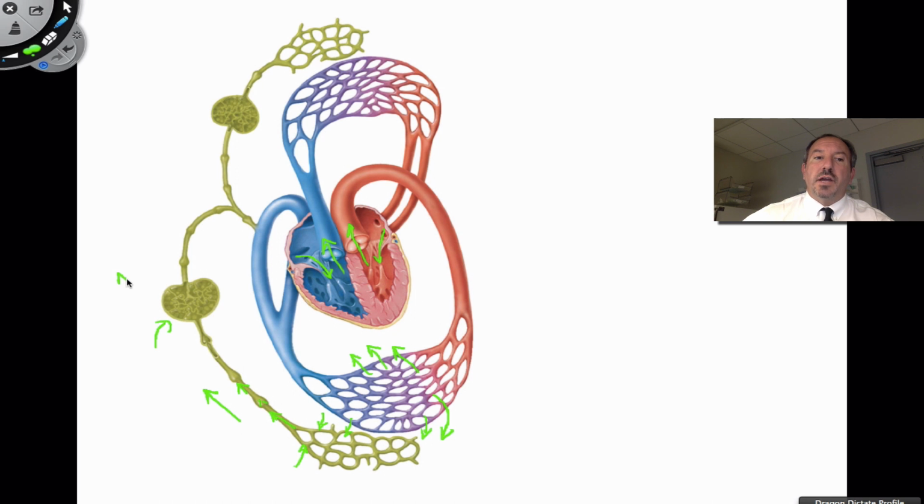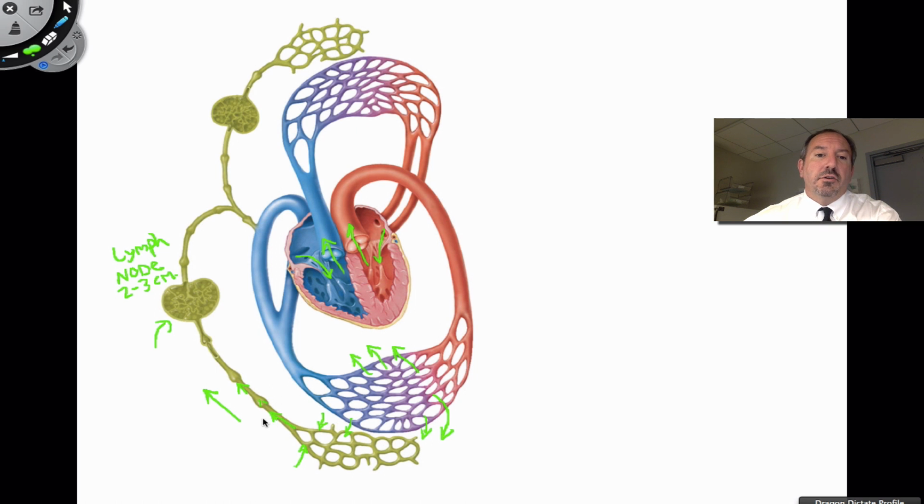And then this is a little tiny lymph node, and we'll talk about it a little bit later. But when I say it's small, I really do mean it. This is around 2 to 3 centimeters in size. There are only 2 of them shown here, but your body has approximately 600 lymph nodes.